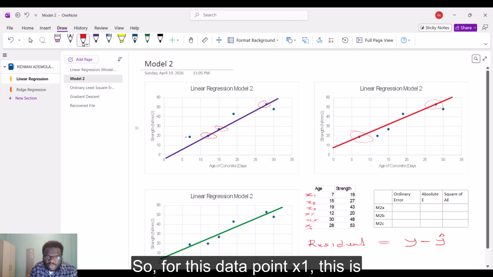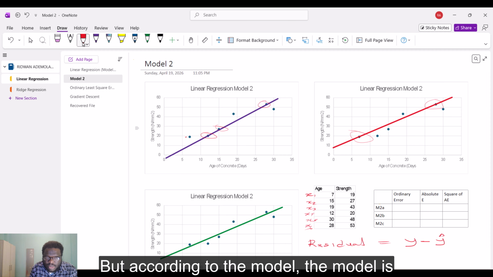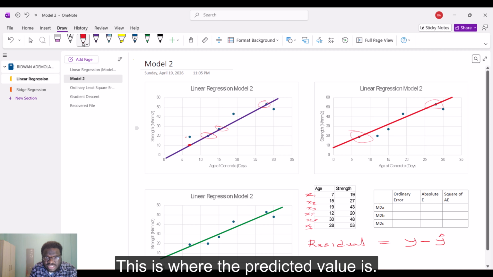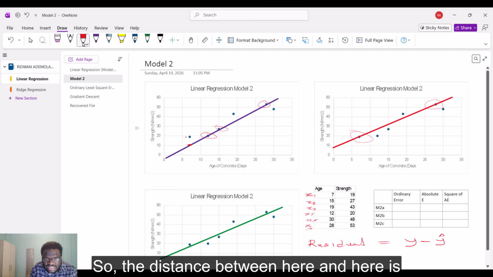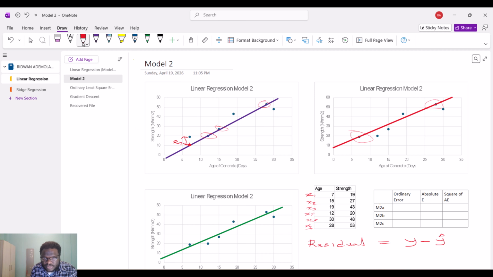So for this data point, x1, this is the measured value where you have the point. But according to the model, this is where the true value should be. This is where the predicted value is. So the distance between here and here is our residual for this first data point.